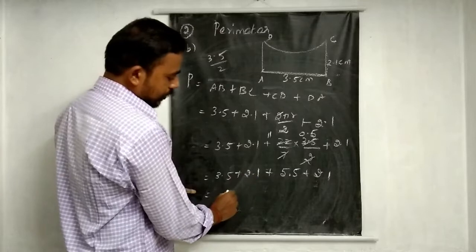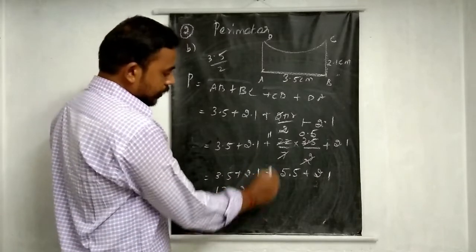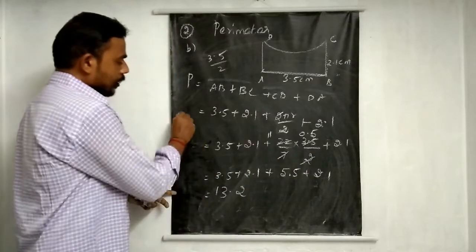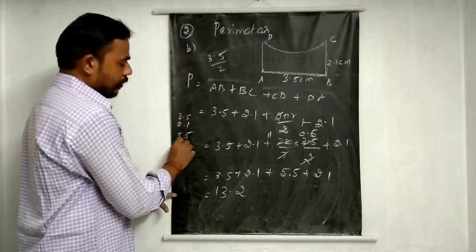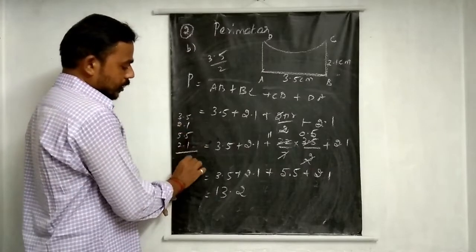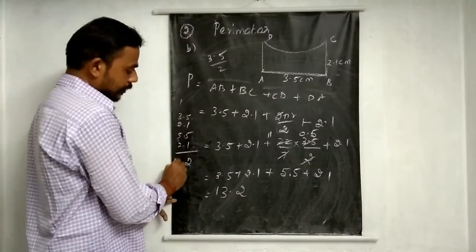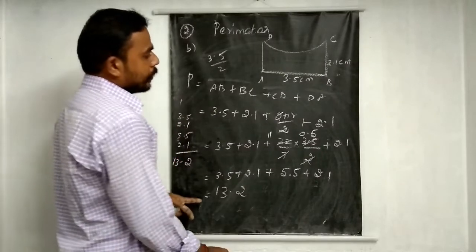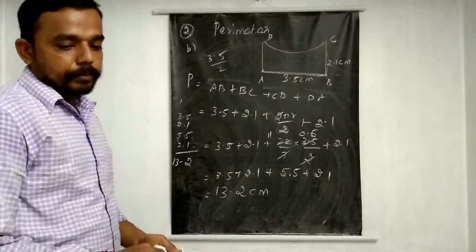So 9 plus 4.2 is 13.2. So 13.2 centimeter. This is the B answer.